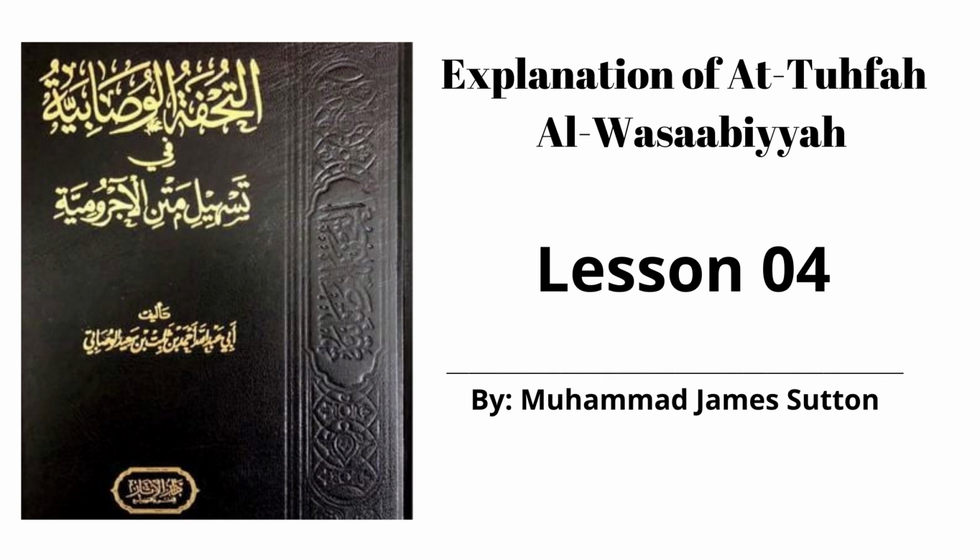So whenever you have the fi'l amr for these types of letters, it takes a fatha. It doesn't take a sukoon, because you can't put a sukoon on a double letter. So istamirra, istamirra. You don't say istamir, you say istamirra ala ijtihadik, in this case istamirra ala al-ijtihad.